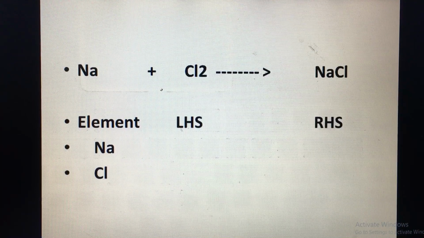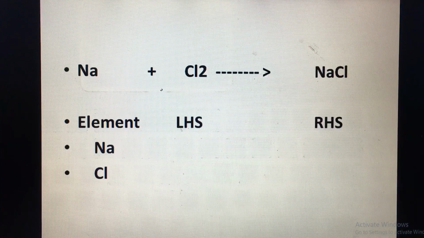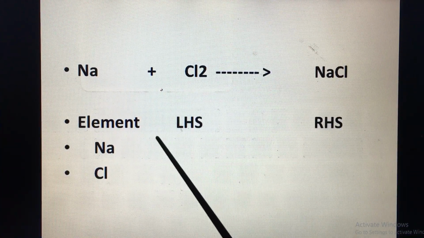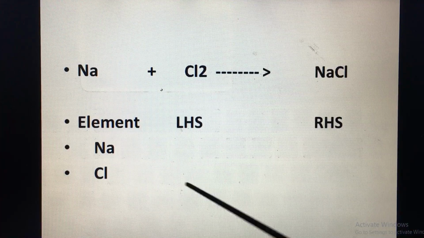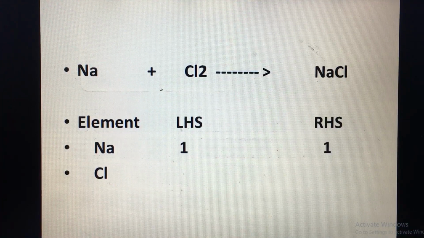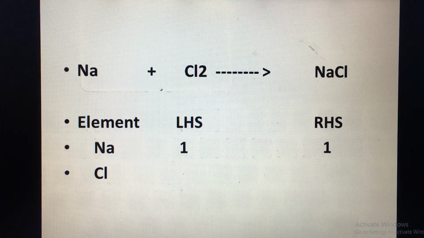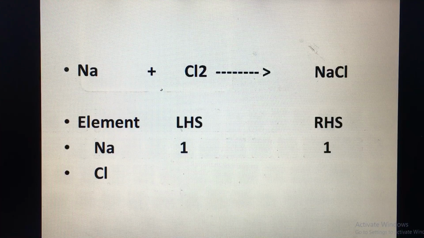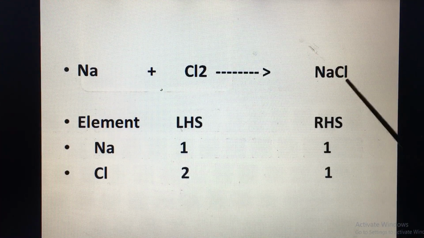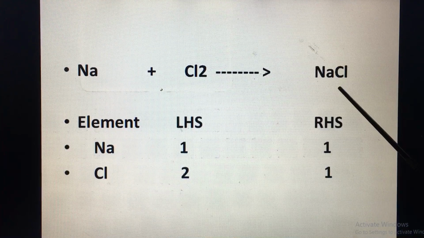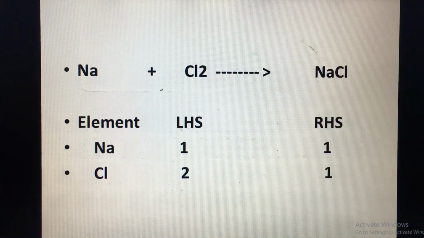Sodium and chlorine. How many atoms of sodium are there on the left hand side? That is 1. And how many atoms of sodium on the right hand side? That is also 1. And chlorine is 2 atoms on the left hand side and 1 atom on the right hand side. So this equation is not balanced because the chlorine atoms are not balanced.